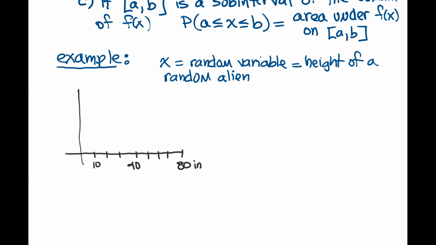And let's say that they have a probability density function that looks something like this. So this is the PDF of our alien heights. Down here at the bottom, these are the heights of our aliens, and on the vertical axis, this is the probability density.